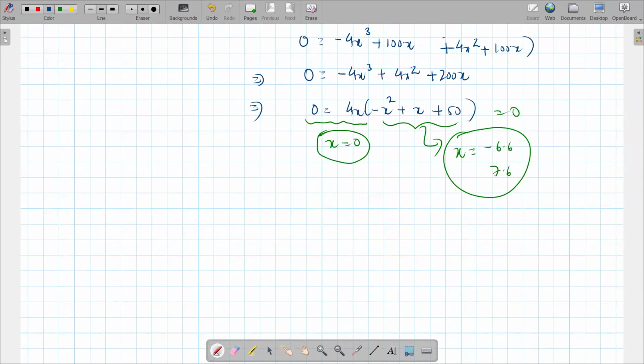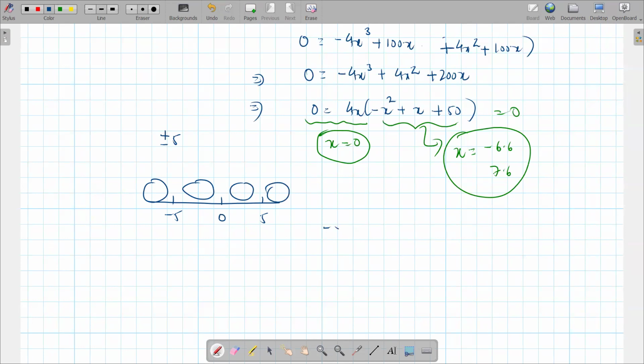Whenever you make a sign chart, you need to incorporate your vertical asymptotes as well. So our vertical asymptote was ±5. So -5 is here, +5 is here, and our point of inflection is at 0 right here. So these are the 4 boundaries that I'm going to check using my sign chart.